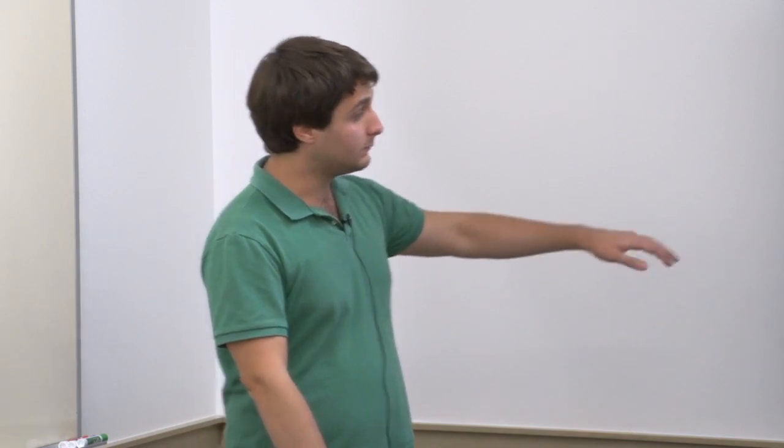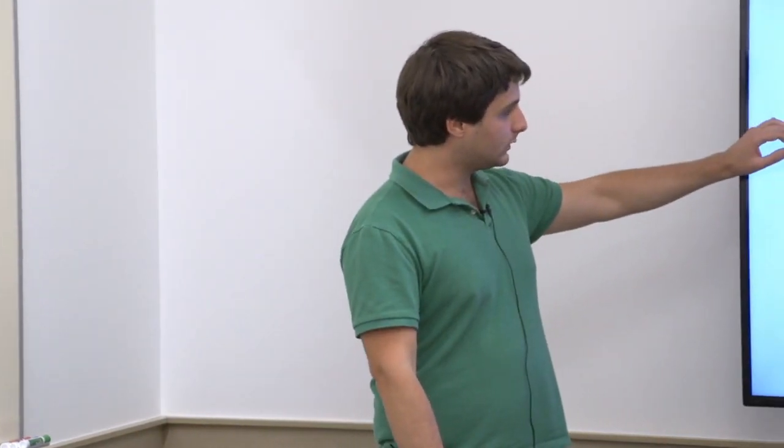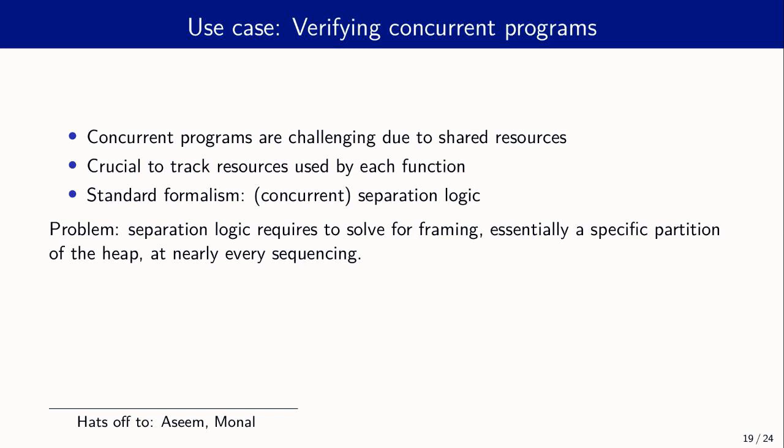Right, and so separation logic by itself, even without the concurrency, is already challenging to get into F star because of solving for heap frames pretty much at every primitive or every combination of steps that you need to do.